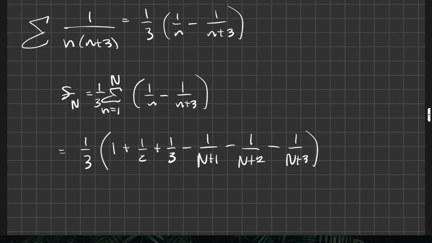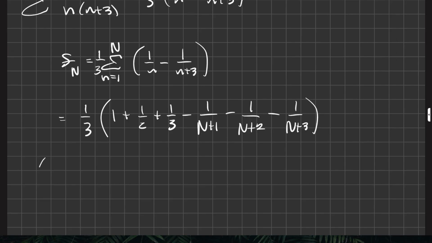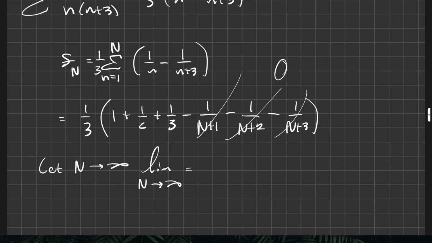Okay, and now we want to take the limit as n goes to infinity. So we're letting n go to infinity. And what do we get? All of these terms are going to go to 0, right? And these constant terms are not going to be touched. So we should just have that the limit as n goes to infinity is 1/3 times 1 plus 1/2 plus 1/3.